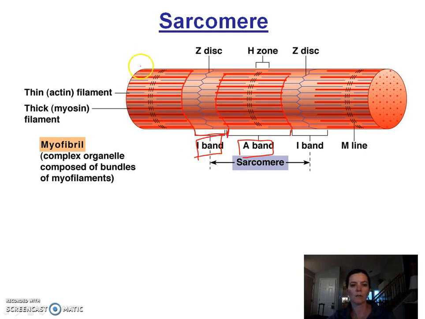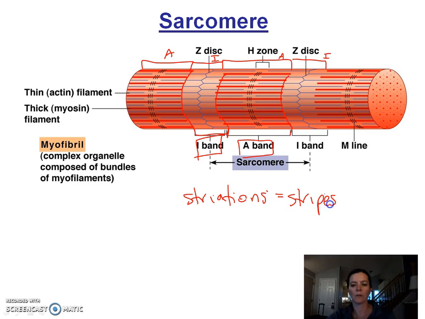So what you might notice is that you have a thick region made of the A-band, and then you have a thin region called the I-band, and another thick region, A-band, I-band, thin region. And this is where the striations actually come from in skeletal muscle. Remember, those are the stripes that skeletal muscle is known for? Well, that's because of the arrangement of the thick and the thin filaments in the sarcomeres.